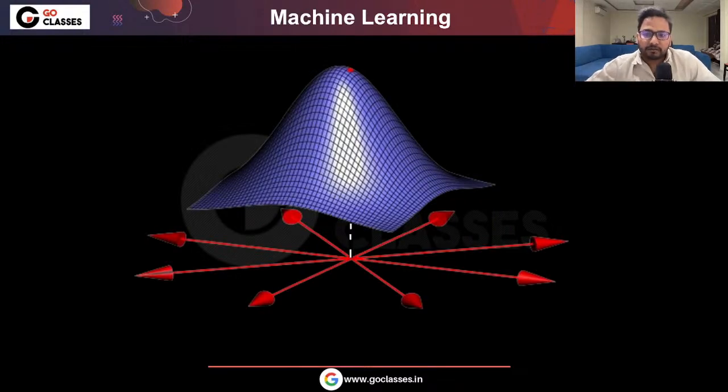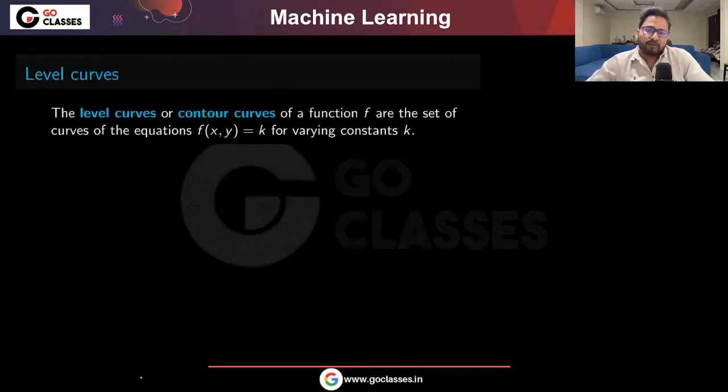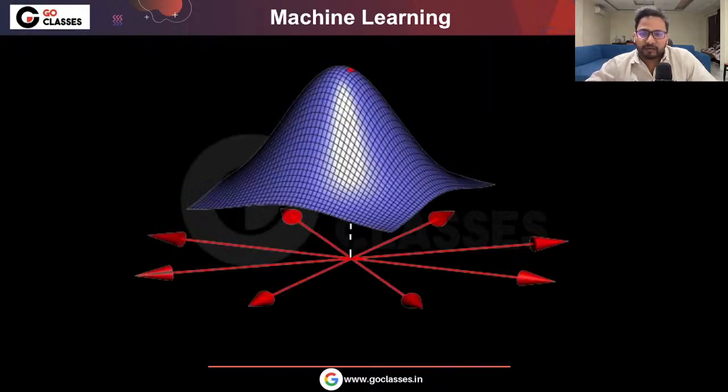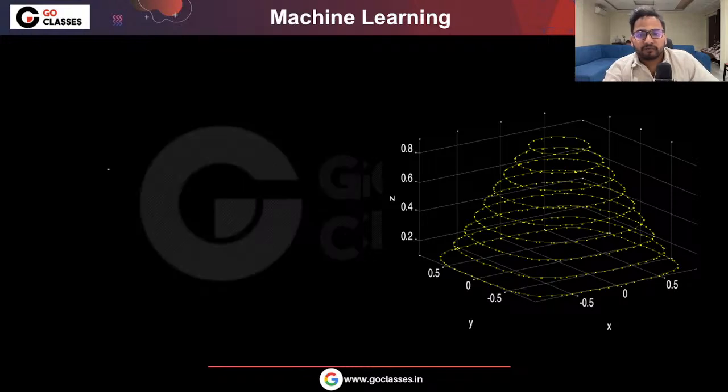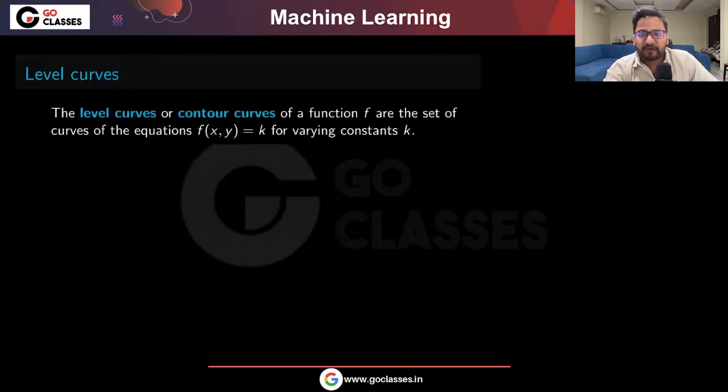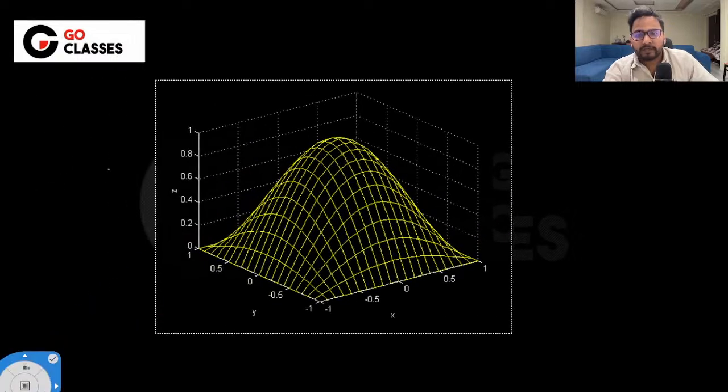See here, let's suppose you have any curve, which is like this. Basically, it is a function. For example, let me take this example: a function of two variables. If I have a function of only one variable, like y equal to x square, then I will have something like this in 2D.